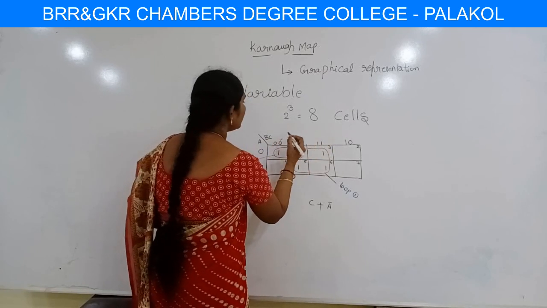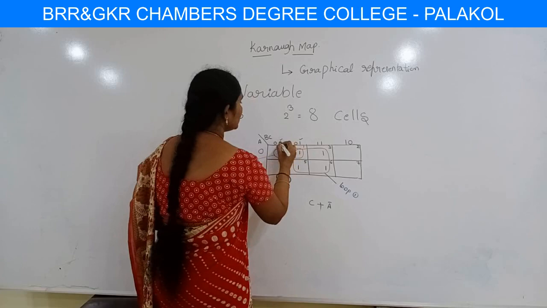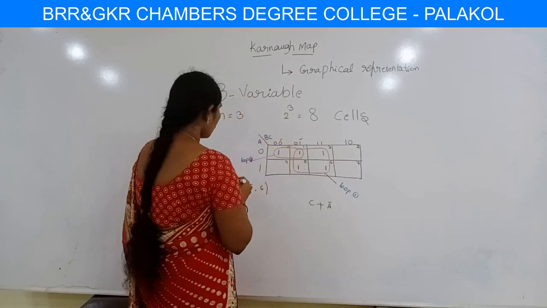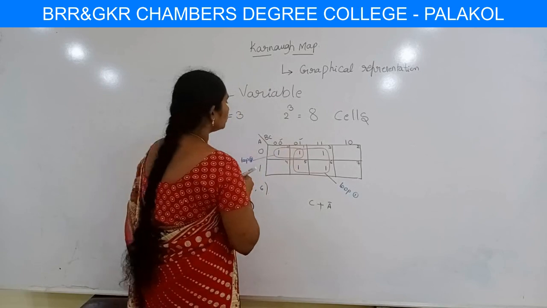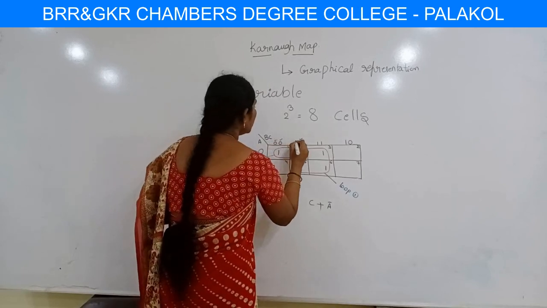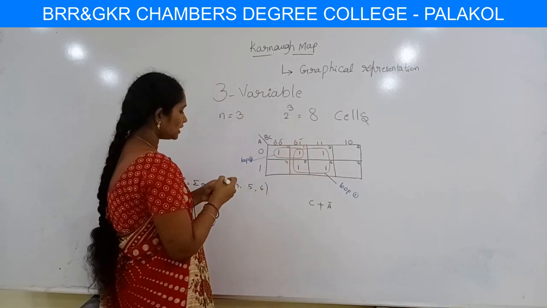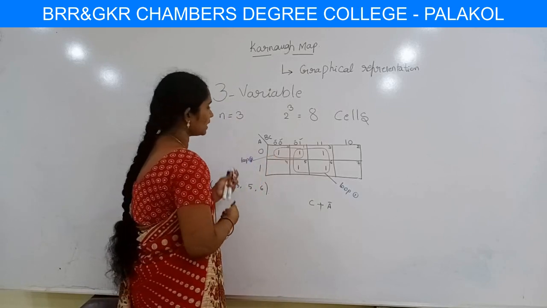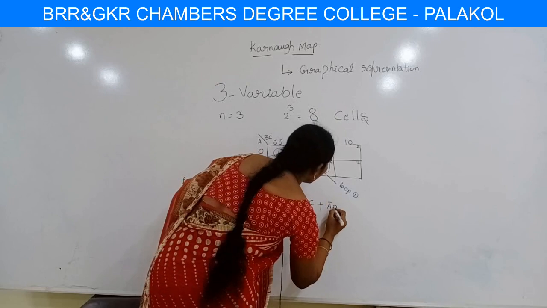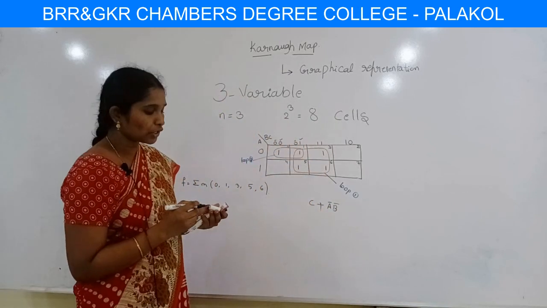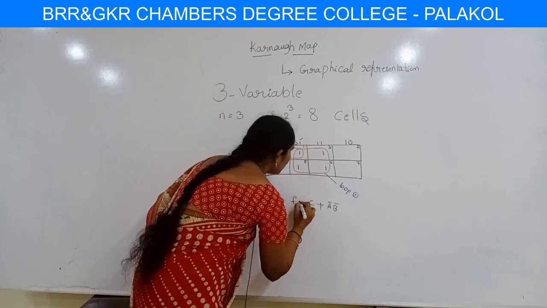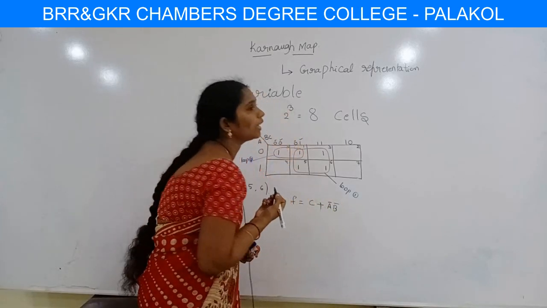So here B and this C, that means this C and this C are variable, and the constant term is only this B. So this B is 0. So that's why it will be represented with B bar. So therefore the expression for this question is F is equal to C plus A bar B bar.